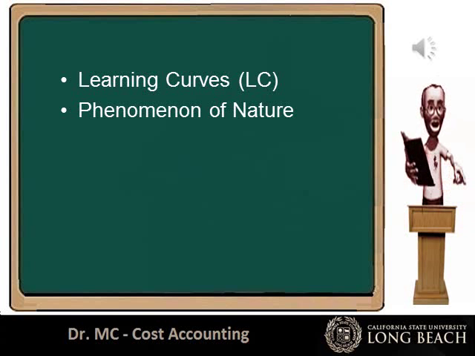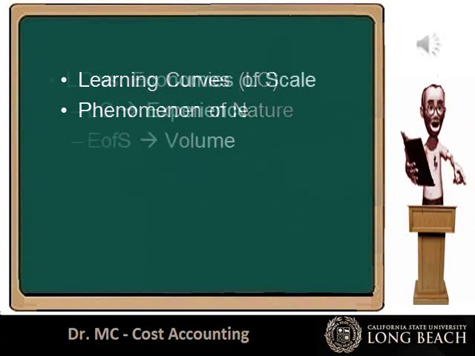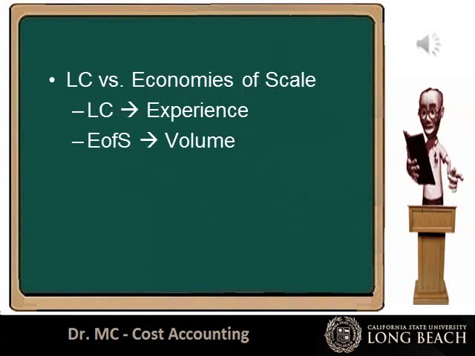Learning curves are similar to economies of scale, but they are not the same thing. With a learning curve, your marginal costs decrease because you have more experience in making things. With economies of scale, your marginal costs decrease because you make more units. When you make more units, you get more experience, which is why these two phenomena are related, but they are not the same thing.